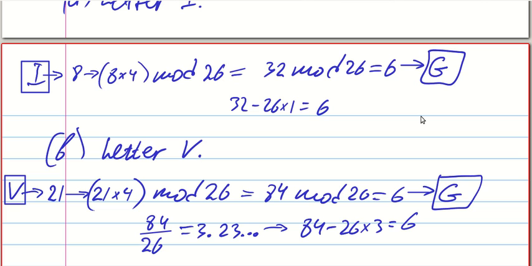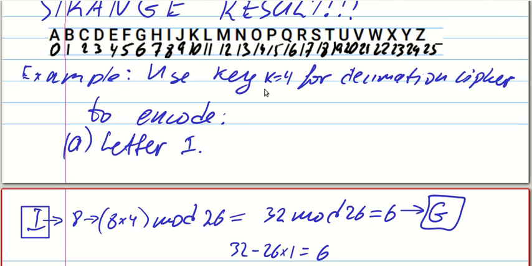That's our next idea. But for now, we have a big problem, because if you have letter G, we don't really know whether it was letter I that went into G or it was letter V that went into G. So we cannot decode. So what's the problem? The key k equals 4 is not really a good choice.